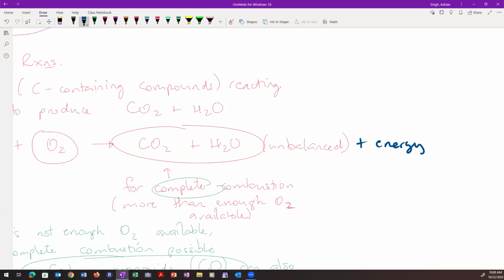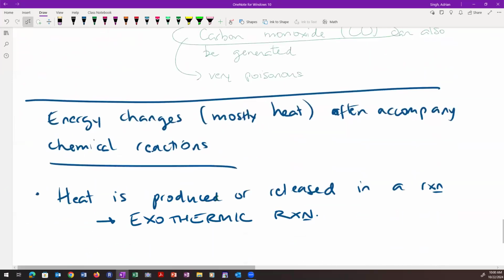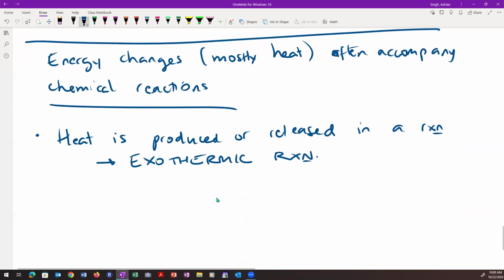So this would also be classified, not just as a combustion, this is also exothermic. Usually you'll notice that here I've put the word energy being produced, so it's on the right side as a product.